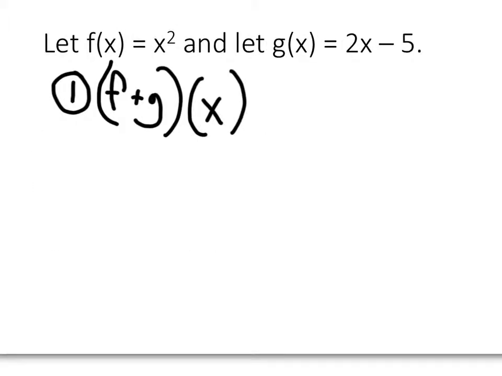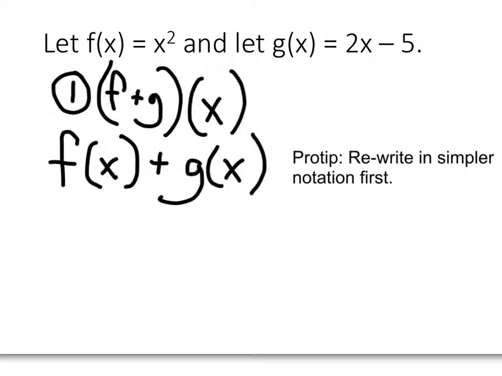The first item asked you to find f plus g of x. We should start by rewriting it in its easier to read notation: f of x plus g of x. We're going to take the expressions for f and g and substitute them.